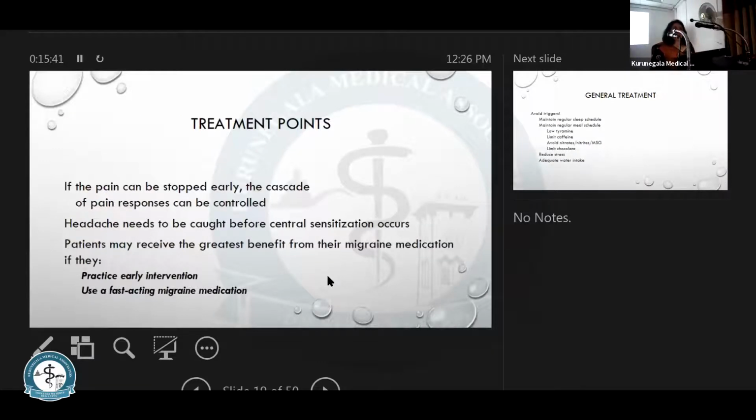So when we consider the treatment options, we should start the treatment early. Then we can stop the headache from progressing into the severe form, and we should practice early intervention and give fast-acting drugs as well.